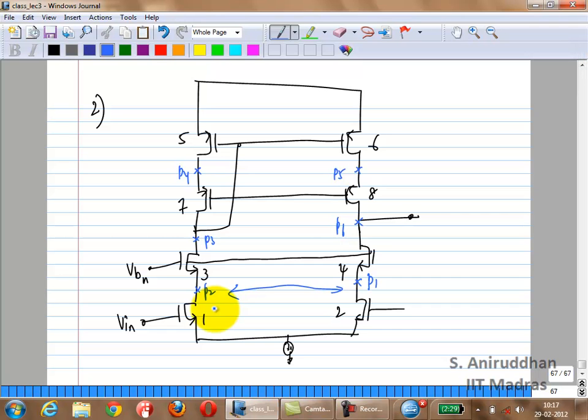So if you want to find out P2, for example, it is the conductance at this node. So here there's no feedback. So it is the conductance at this node over the capacitance at that node, right? So if this is Cp2, it's approximately GM3. Why? What do you have at the drain side? What is the impedance of this cascode?